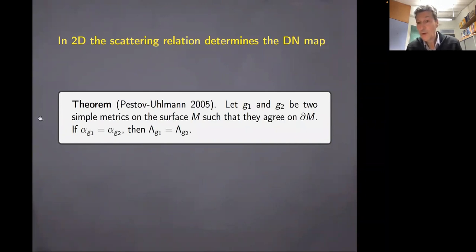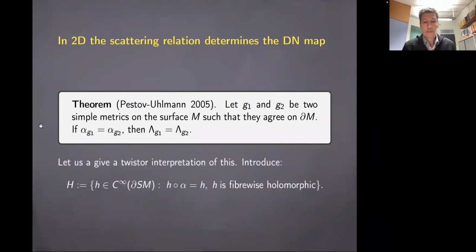Right. So can we actually look at this Pestov-Uhlmann result from the optics of twistor space? And the answer is yes. So one way to do this is to say, well, let's look at functions on the boundary of the unit tangent bundle, which are fiber-wise holomorphic and are invariant under the scattering relation.